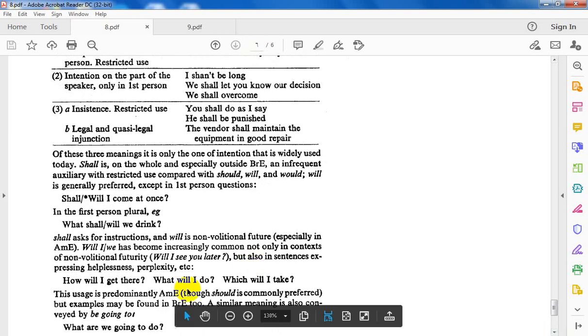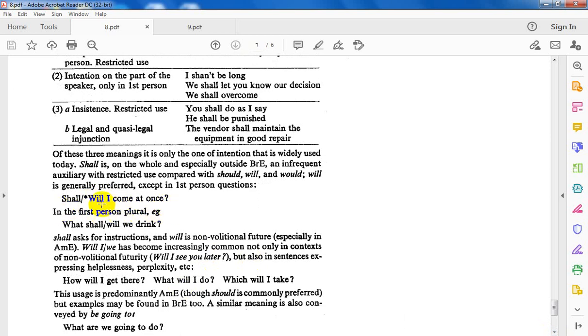Here we say, shall I come at once? You cannot use will. Why? Because the subject of the question is first person. I cannot substitute will for shall. You are restricted to using only shall, not will, with first person questions.